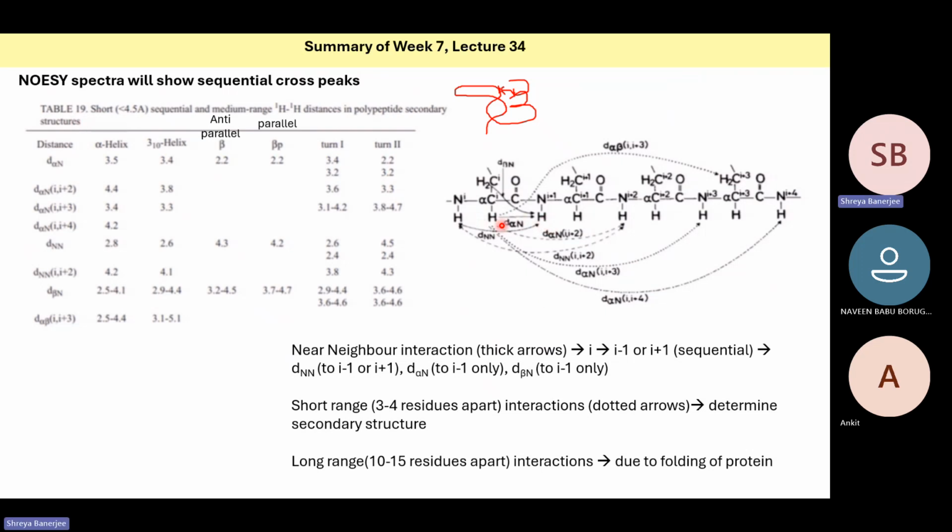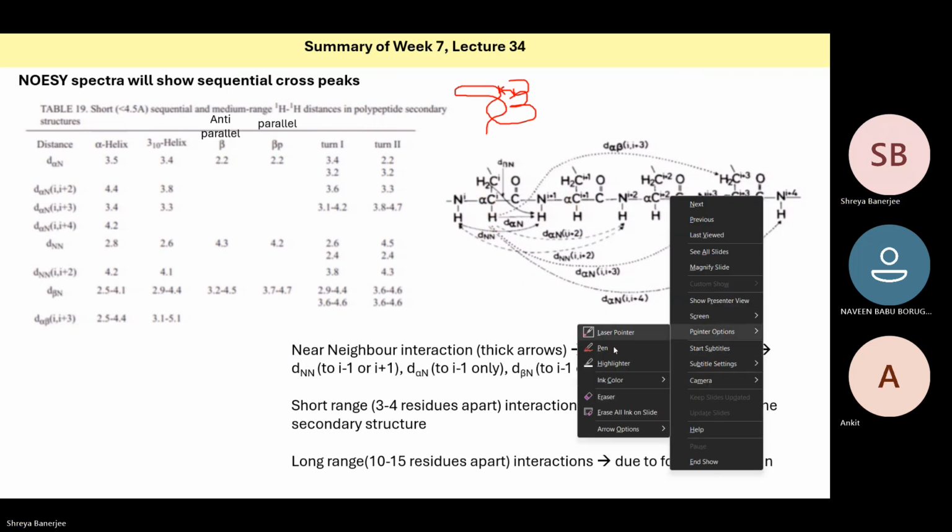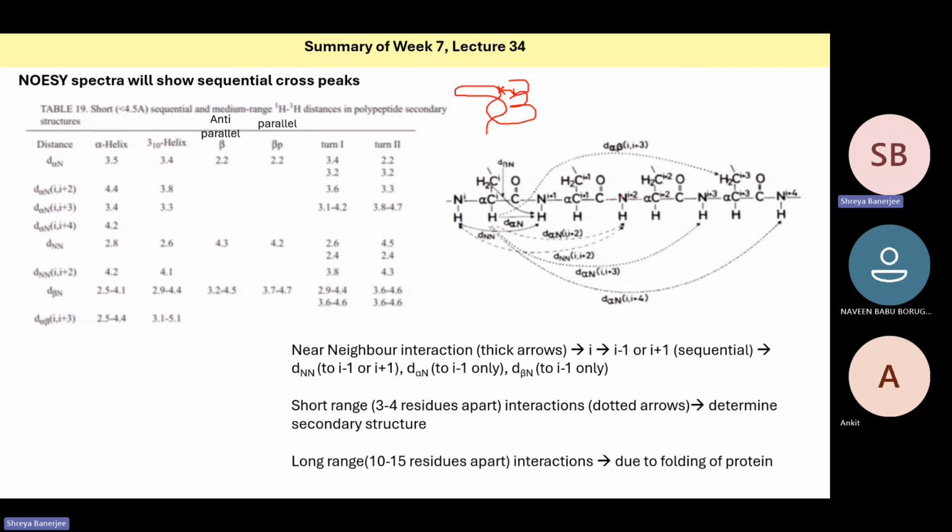Alpha N is a sequential interaction which happens from I to I minus 1. So we have seen here, suppose we are looking at this I residue. So alpha N is the one shown here between alpha of I and N of I plus 1.